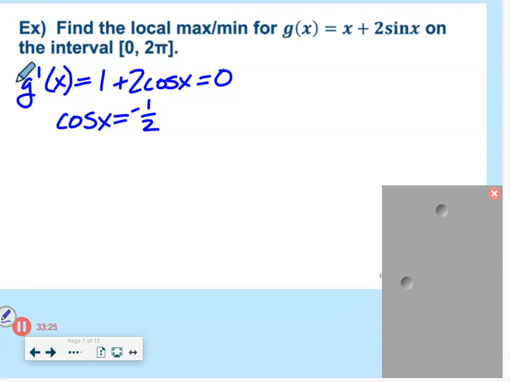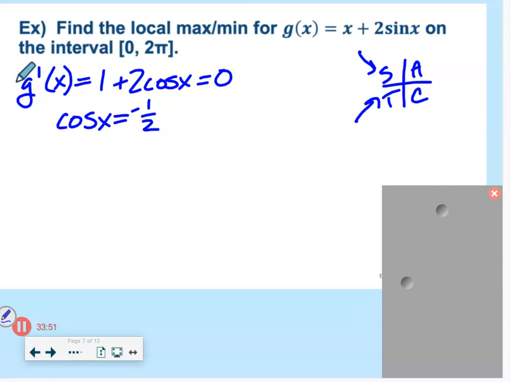Now, personally, I know which angle has a cosine of 1/2. I know all my primary angles, and then I figure out all the rest by quadrants. So I know that cosine is 1/2 at pi thirds, right? And then I also know that cosine is negative in the second and third quadrants, right?